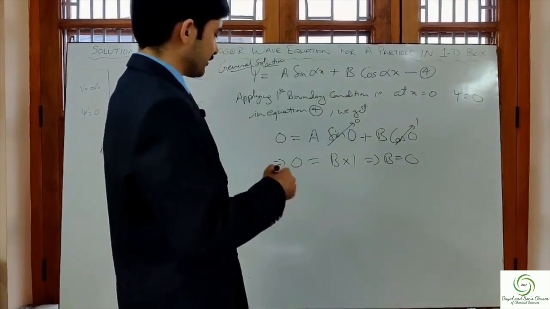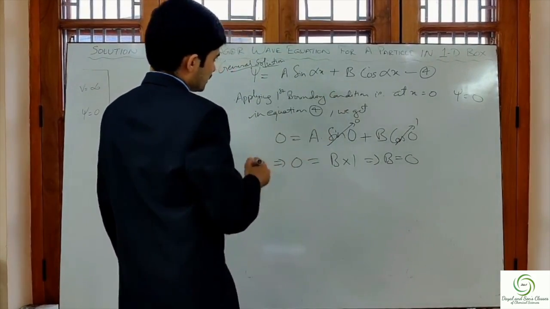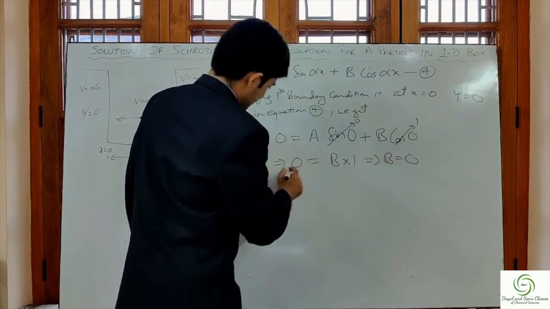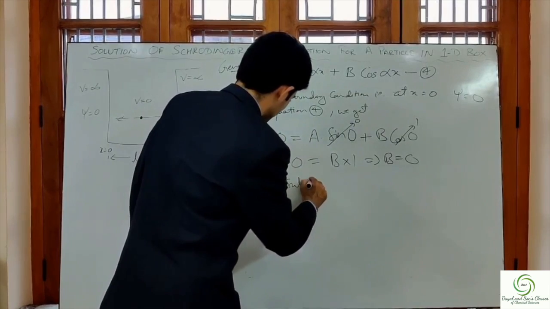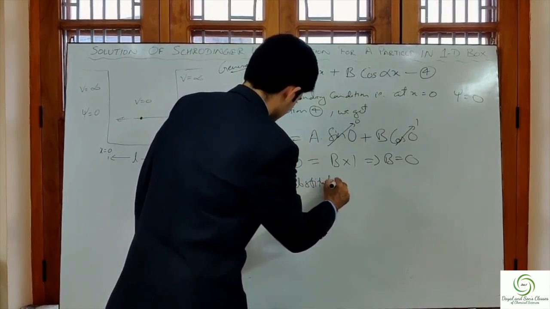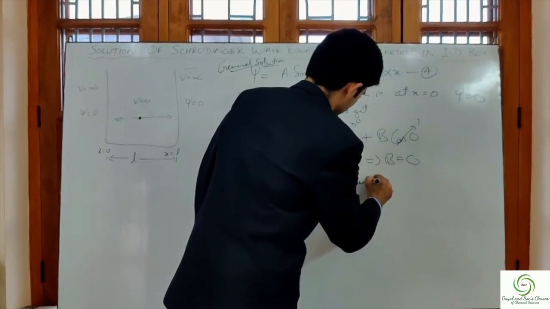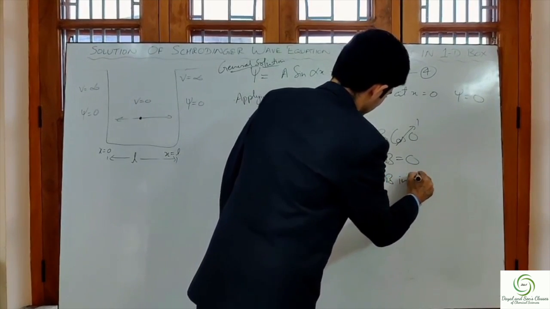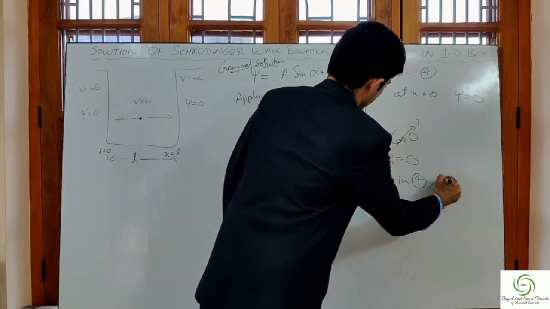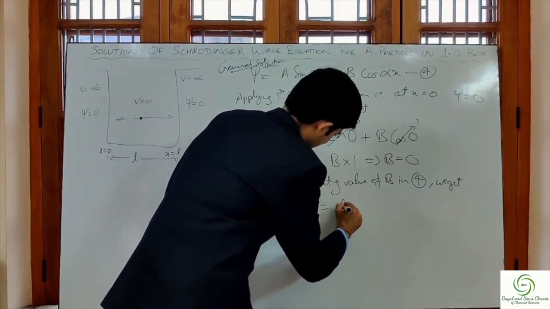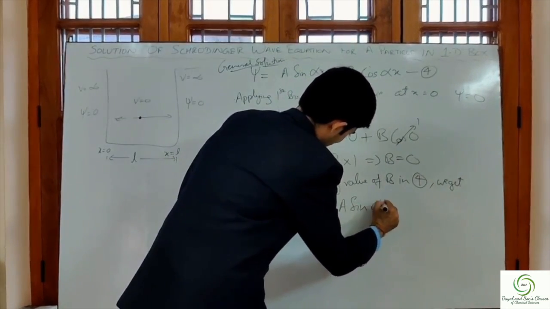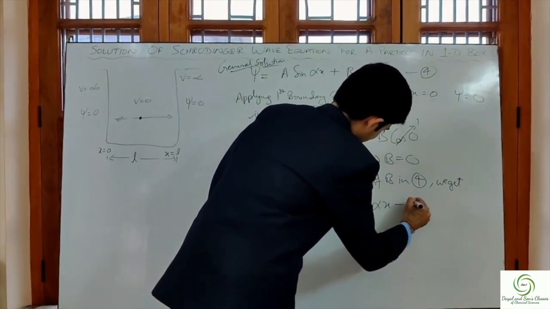On substituting the value of b in 4, we get psi is equal to a sine alpha x. Mark it 5.